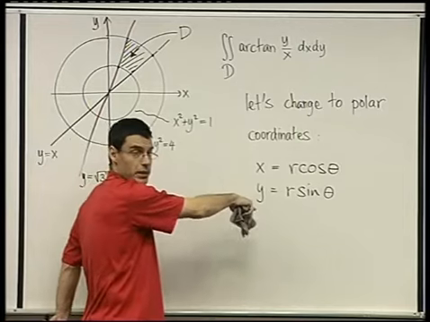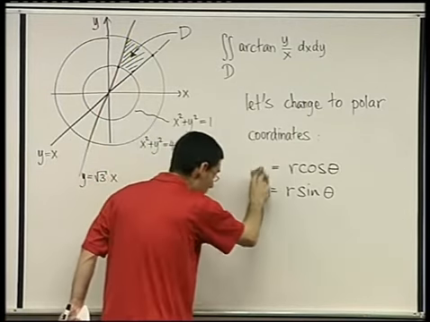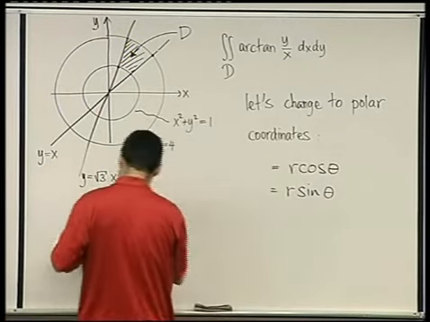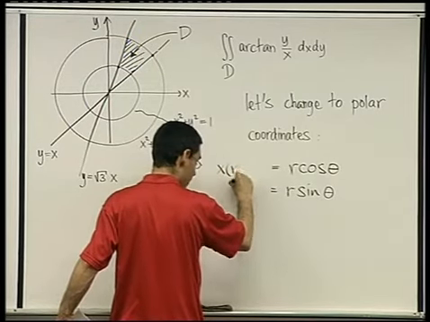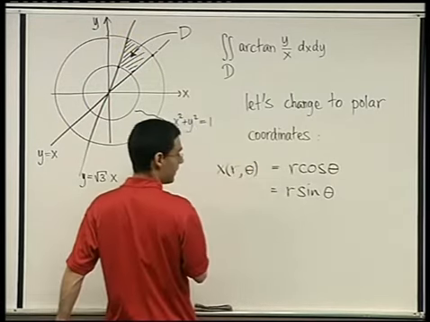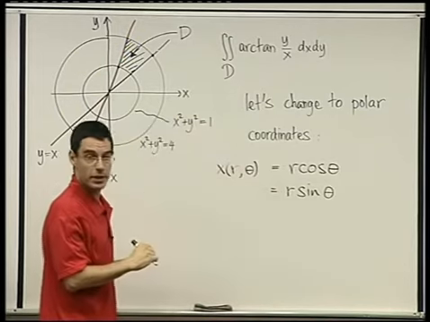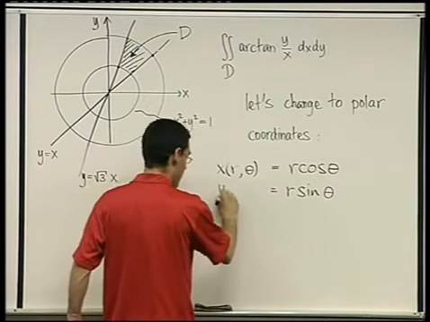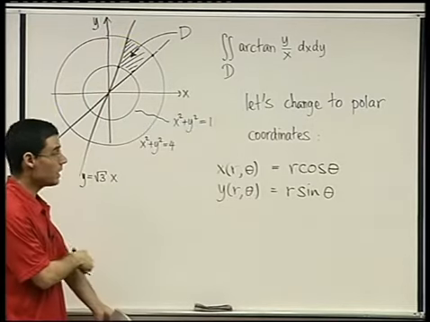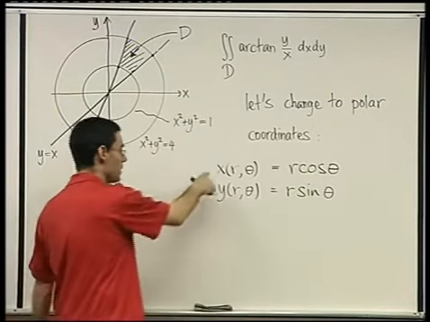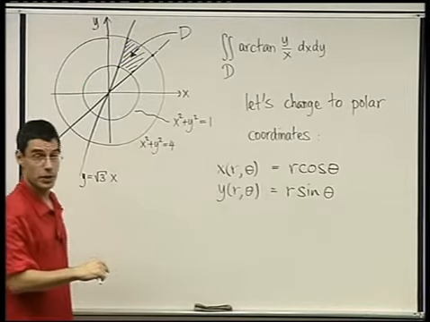So you all remember this, right? But I want to rewrite it, not just x equals r cosine theta, but x of r and theta. So x is a function of r and theta, and y of r and theta. Okay? So given an r and a theta, we get a new point x and y, and we can write it the other way, right?